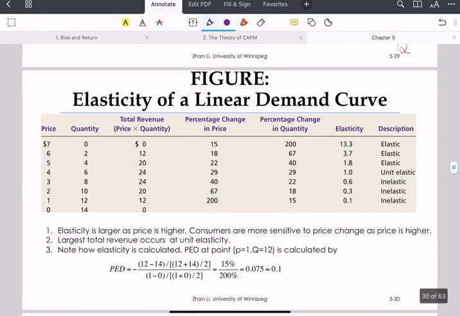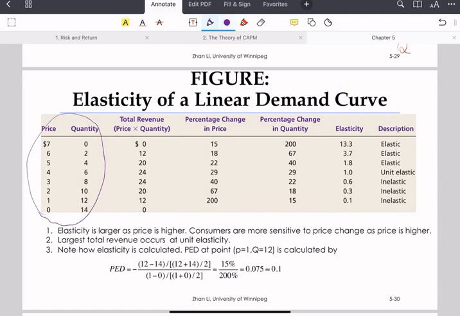Okay, to examine how elasticity will change as we move along a linear demand curve, let's use this simple example. Here we have a demand curve, right? These two columns give you a demand curve.